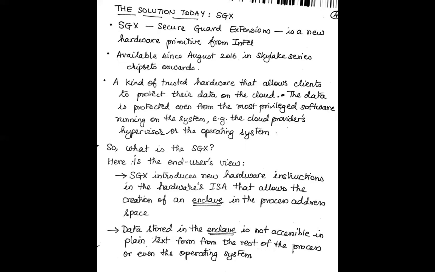If you buy a Skylake series or later Intel chipset, SGX comes as part of the chipset. SGX is a kind of trusted hardware that allows clients to protect their data on the cloud.